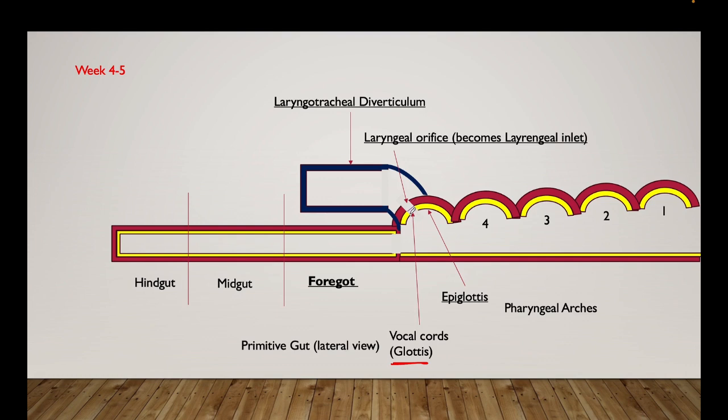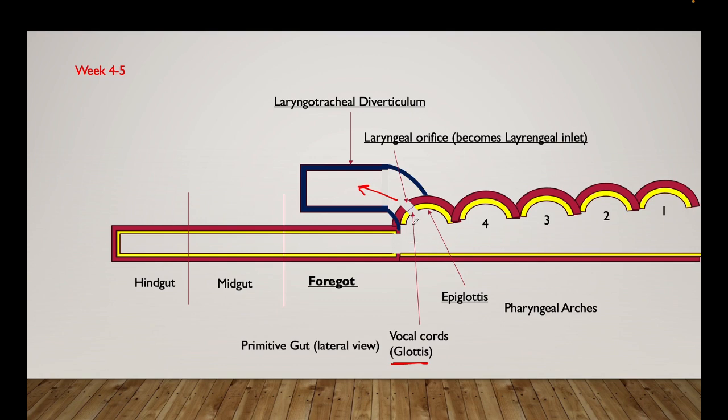Yes, we have the glottis, we have the epiglottis, and this is the separation between the respiratory system right here and the digestive system, or primitive tube, as shown here.